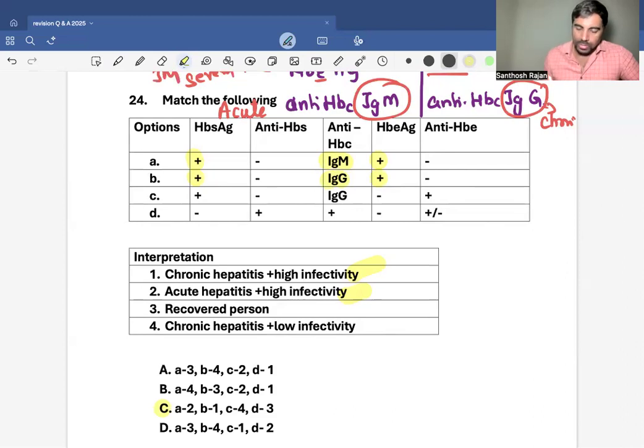This also done. Okay. Now HBs is there, means definitely infection is there. IgG, yes, chronicity also is there. It's a chronic hepatitis. But HBe antibody is already formed. That means the severity is low. Right? I told you, when antigen E is there, everything is evil, everything is bad. But antibody to E is formed, means everything goes down. So low infectivity.